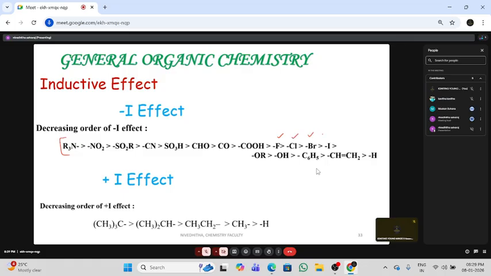Fluorine, chlorine, bromine, iodine. Fluorine has the highest electron withdrawing property. Then chlorine, then bromine, then iodine. So you have to memorize this order. And as far as +I groups are concerned, these are all alkyl groups. But if the number of carbon atoms is increasing, then the electron donating property is also increasing. That's it. While sending you the notes, I'll give you this also. So this is what the inductive effect is.